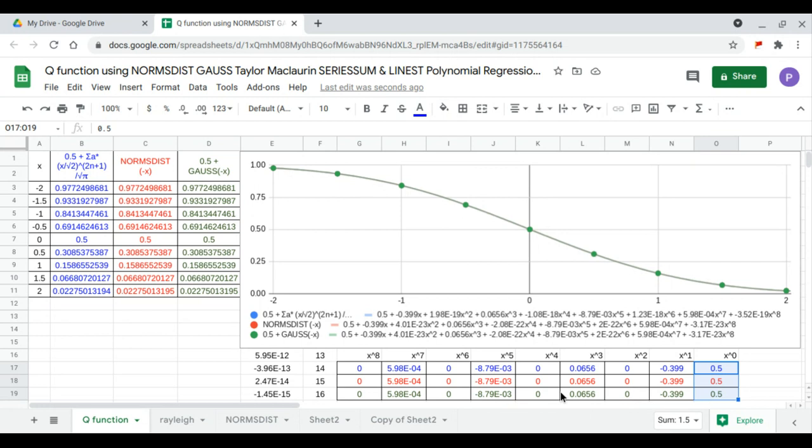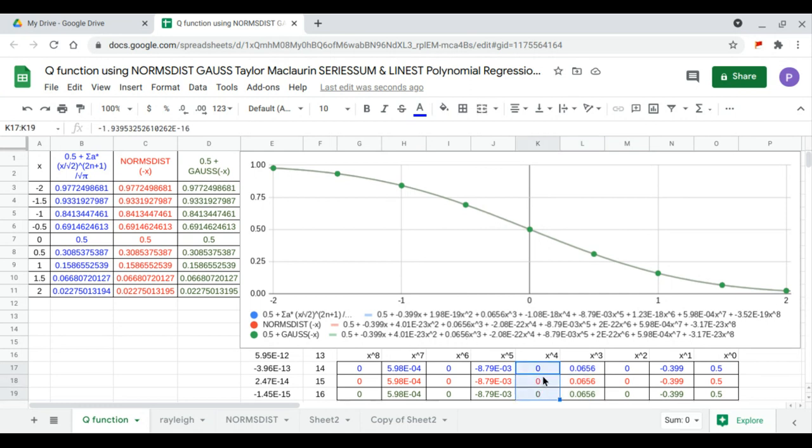Starting with x to the 0, that's 0.5. X is minus 0.399. X squared, 1.98 times 10 to the minus 19, that's already 0. 4.01 times 10 to the minus 23, this is already 0. X cubed, 0.0656, 0.0656.